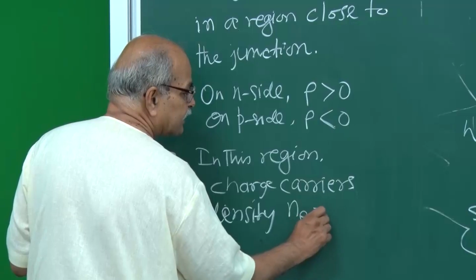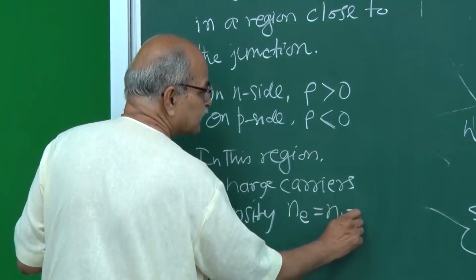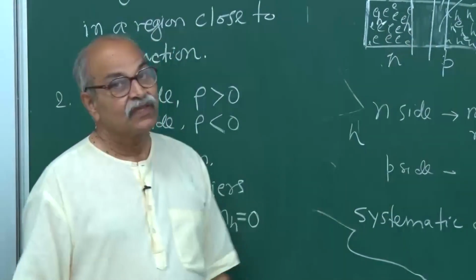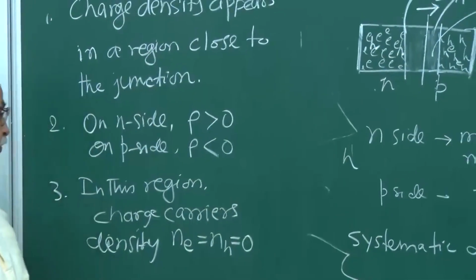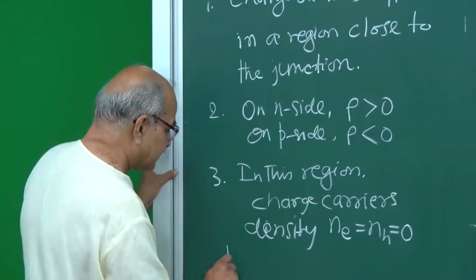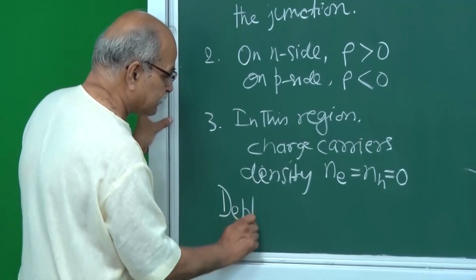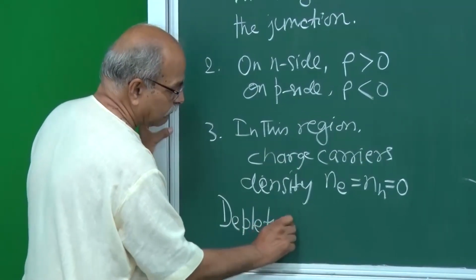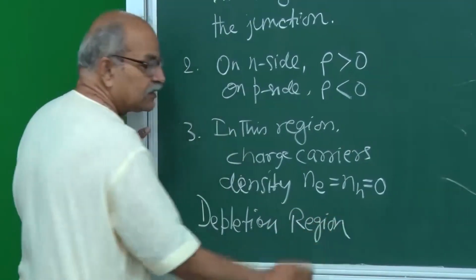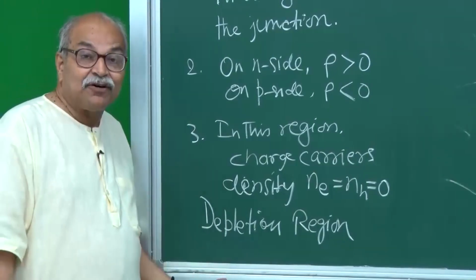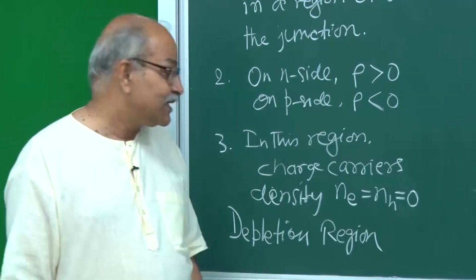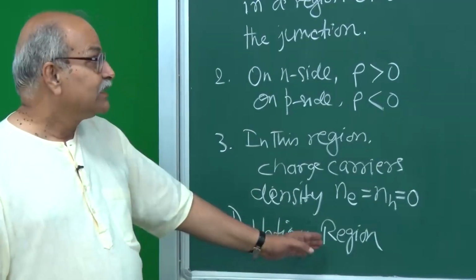Ne and Nh become 0 only in this region. Okay. So, this particular region is known as the depletion region. This is called the depletion region. This is the region which is depleted of charge carriers. It does not have charge carriers, that is why it is known as the depletion region.